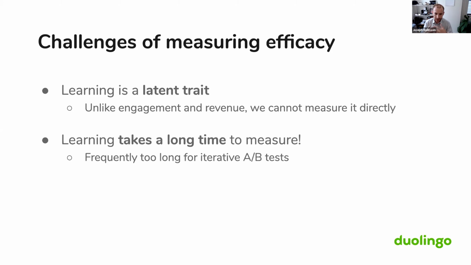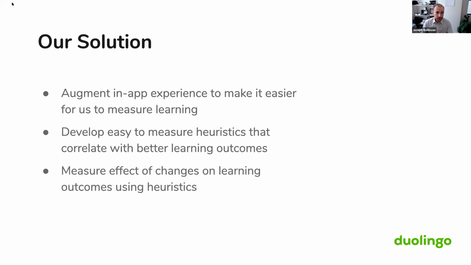And so with these two challenges in mind, we've come up with an approach or a solution that we currently have found quite successful. And our solution is the following. First, we augment the in-app experience to make it easier for us to measure learning. So we make changes to the product, not to make it better, not to add teaching, not to make it more engaging, but simply so that we can make measuring learning easier.